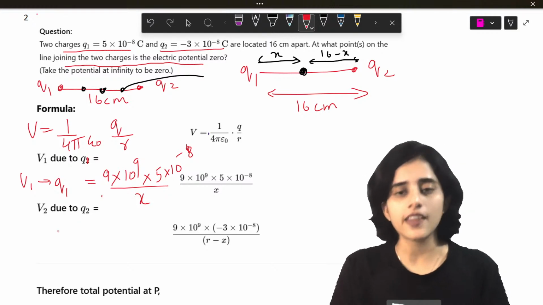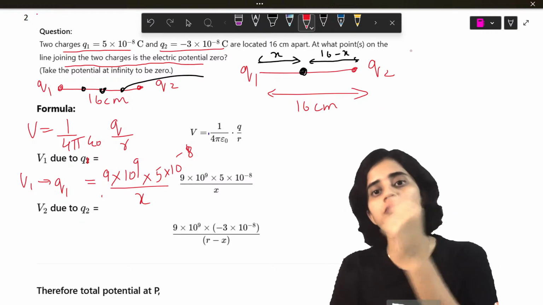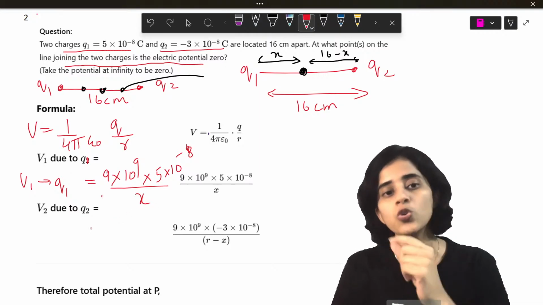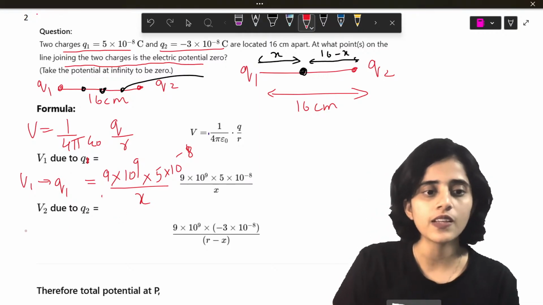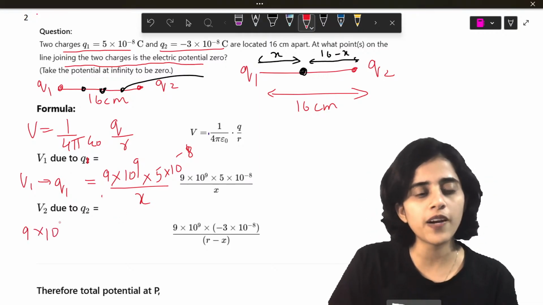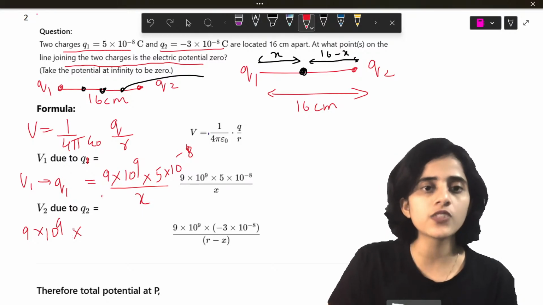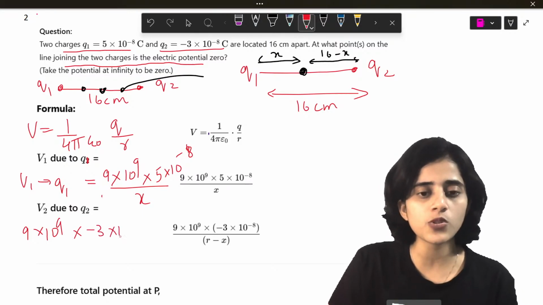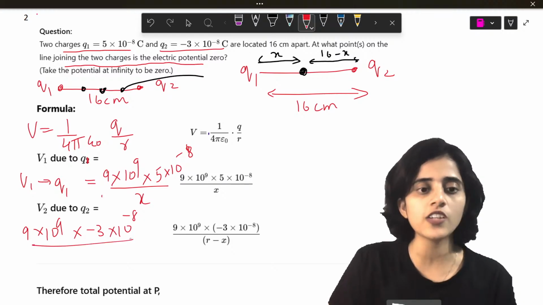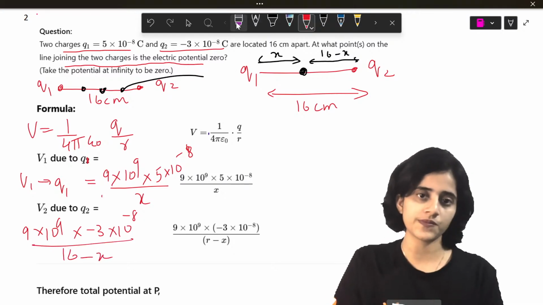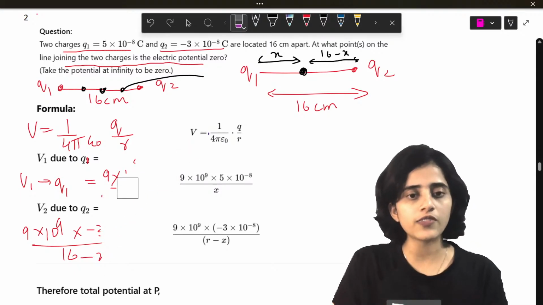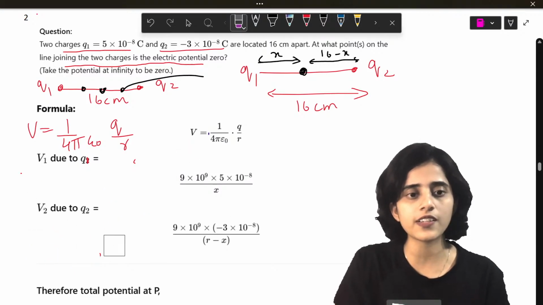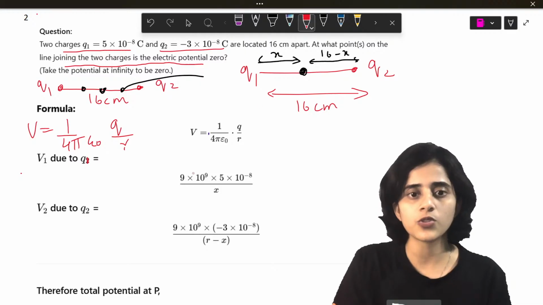Now, the potential V2 because of Q2 will be again 1 by 4 pi epsilon naught into minus 3 into 10 raised to minus 8, which is the charge, divided by the distance 16 minus x. So, you have these two.